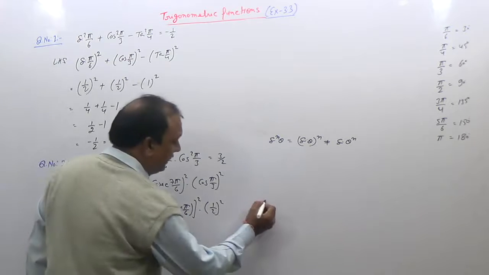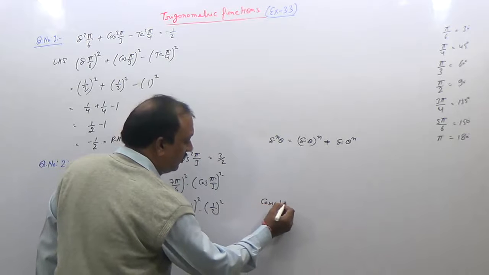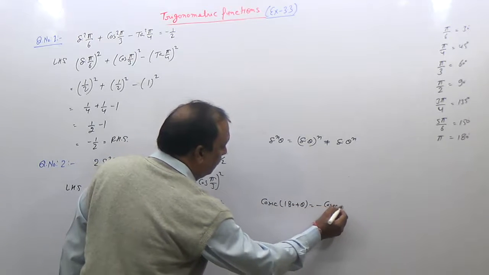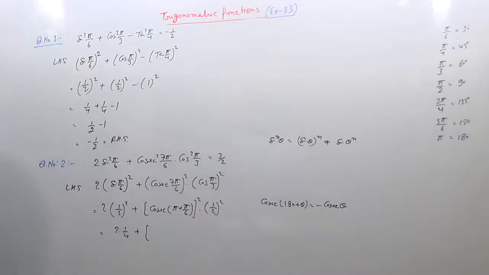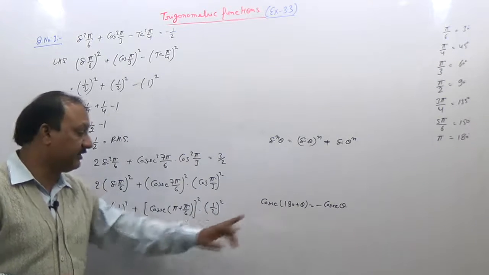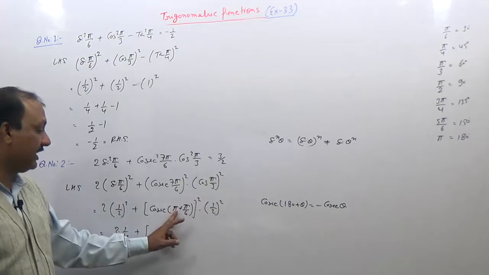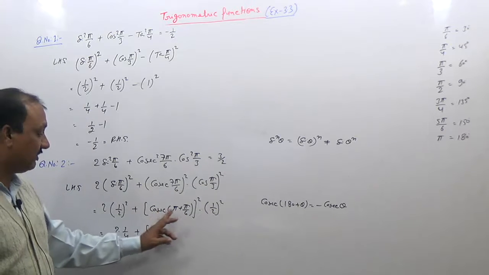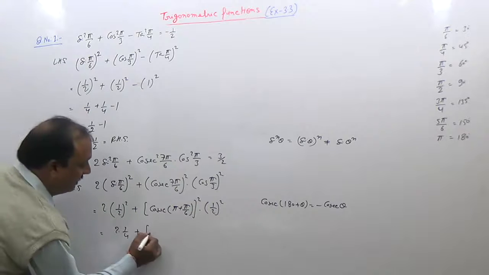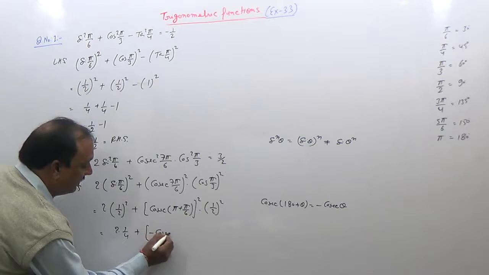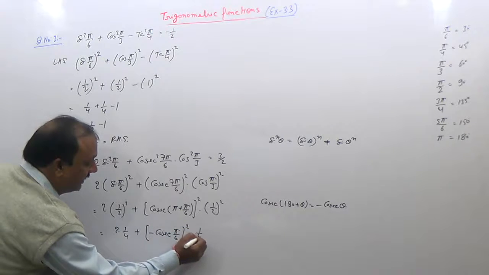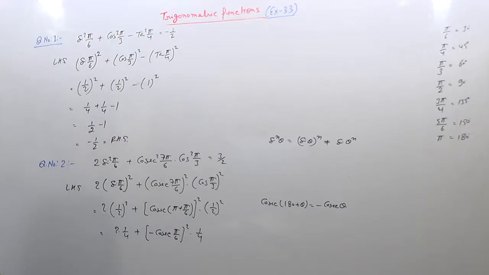Cosec 180 plus theta is minus cosec theta. Use the identity we explained in the earlier lecture, using ASTC, where pi means 180. Suppose this is theta, so this is cosec 180 plus theta, which is minus cosec theta. Theta means pi by 6, squared, and its square is 1 by 4.